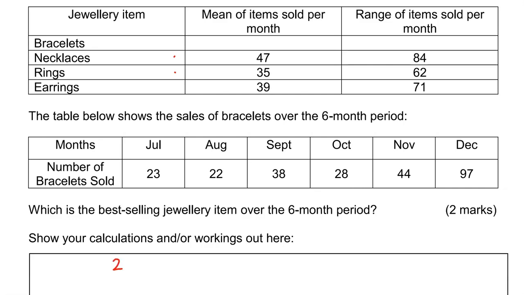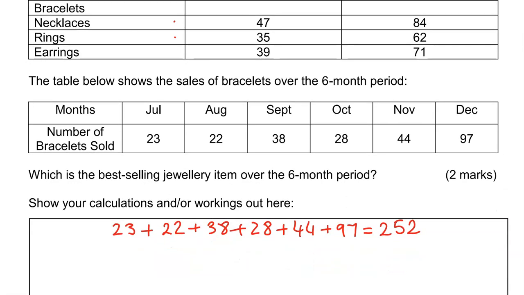So we've got 23, we're going to add 22, 38, 28, 44 and 97, which is 252. We're going to divide 252 by 1, 2, 3, 4, 5, 6.